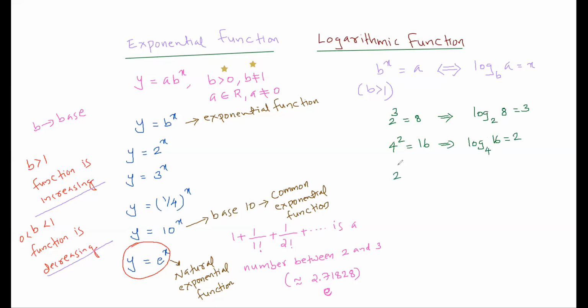And 2 to the power 4 is equal to 16. We can say logarithm of 16 to the base 2 is equal to 4. So in general, b to the power x is equal to a. We can say logarithm of a to the base b is equal to x.